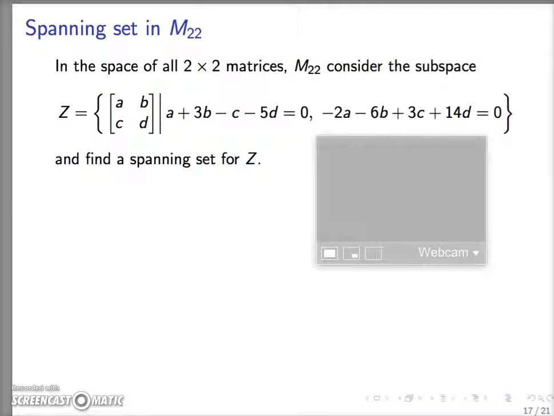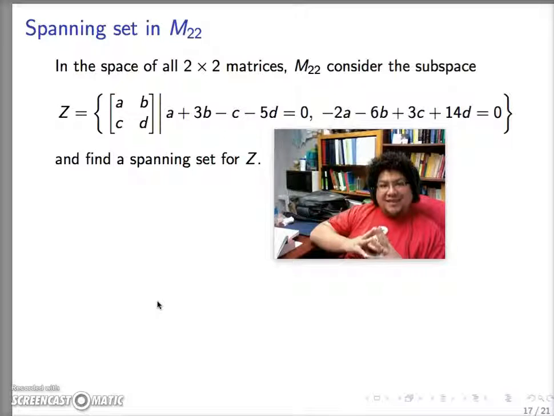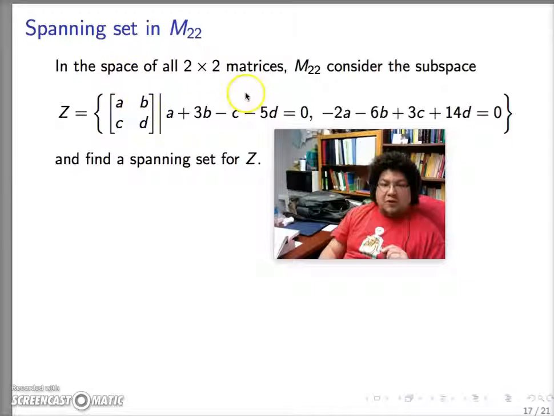This example has to do with a spanning set on the vector space of matrices. These are matrices that have 2 rows and 2 columns, and this considers a set Z of 2 by 2 matrices, for which there are certain relations between the entries of the matrix.